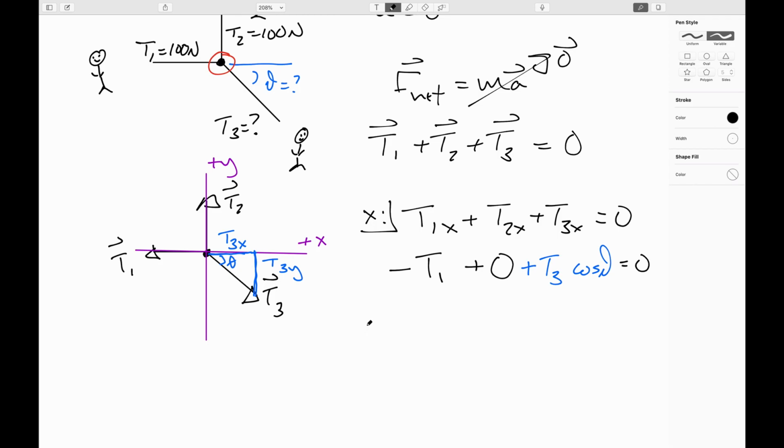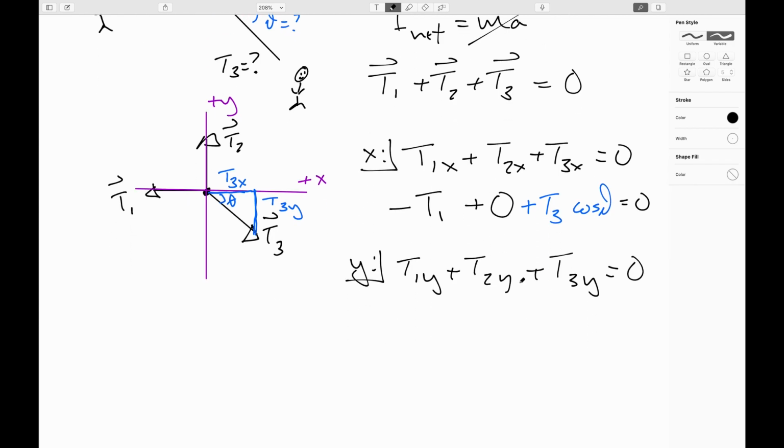Now let's also write our system from the land of Y. We can start by taking the Y components of this. So this will be T1Y plus T2Y plus T3Y equals 0. T1 doesn't have any component in the Y direction. It's acting purely in X. So T1Y is 0. T2 acts purely in the Y direction, and it's the plus Y direction, so we can just write plus T2.